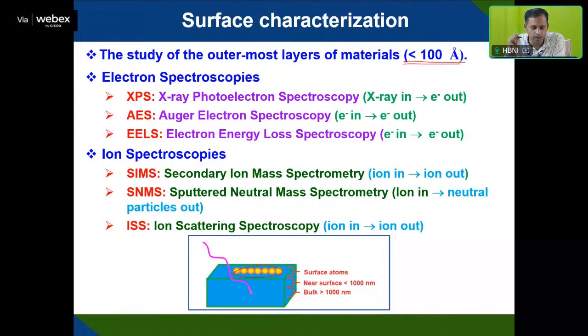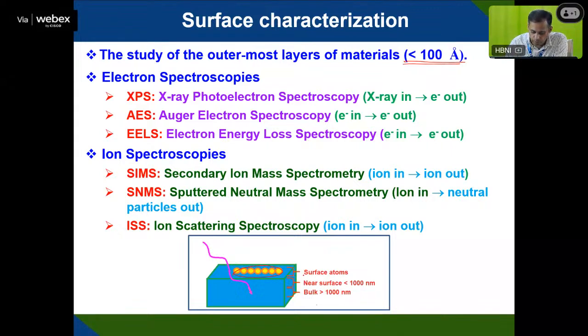Here we can use two types of technique: electron spectroscopy or ion spectroscopy. In electron spectroscopy, we use X-ray photoelectron spectroscopy, Auger electron spectroscopy, or electron energy loss spectroscopy. These are the three techniques that electron spectroscopy involves.